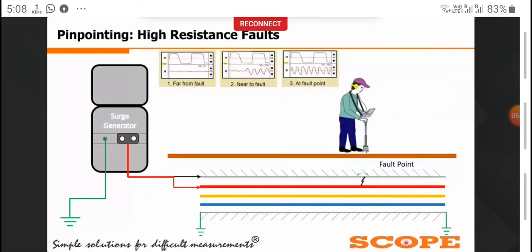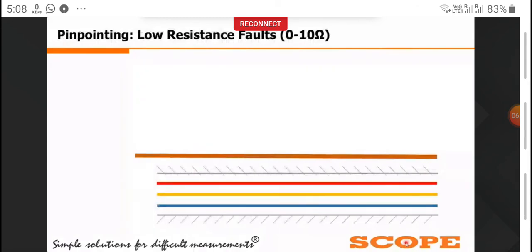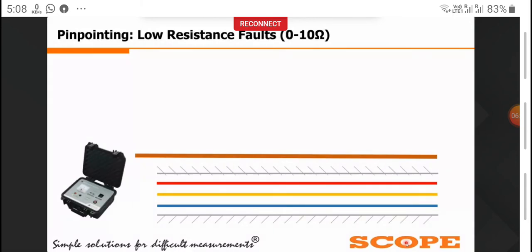After that, we will see the pinpointing of low resistance fault. For low resistance or dead short circuit fault, we cannot use the surge generator, because by the application of the surge generator there is a possibility of a high amount of current flowing into the cable due to the dead short circuit between the test conductors.